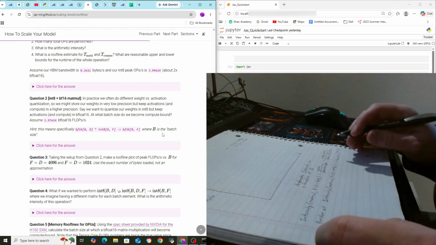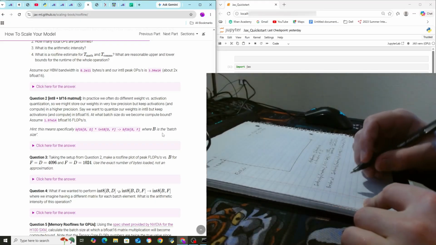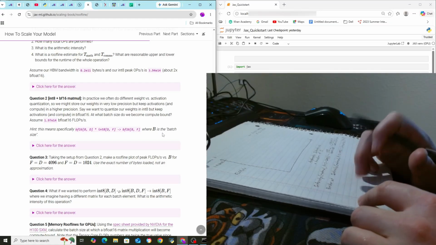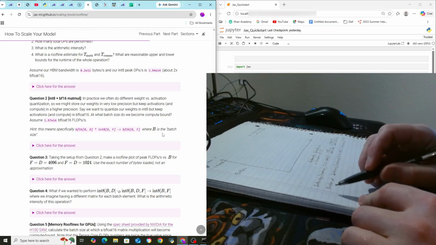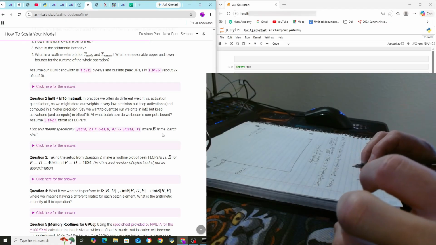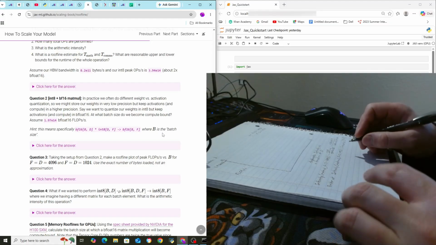So we want, okay, set these equal to each other.